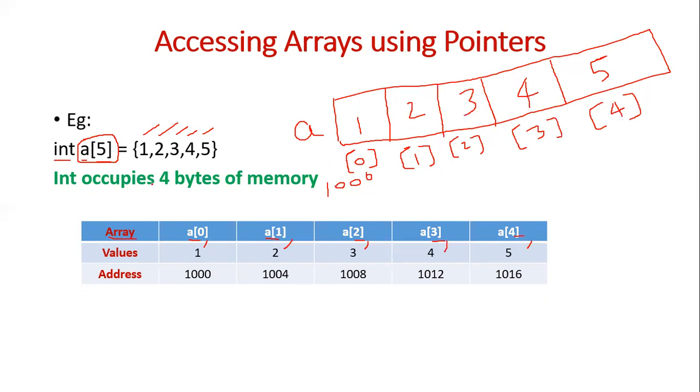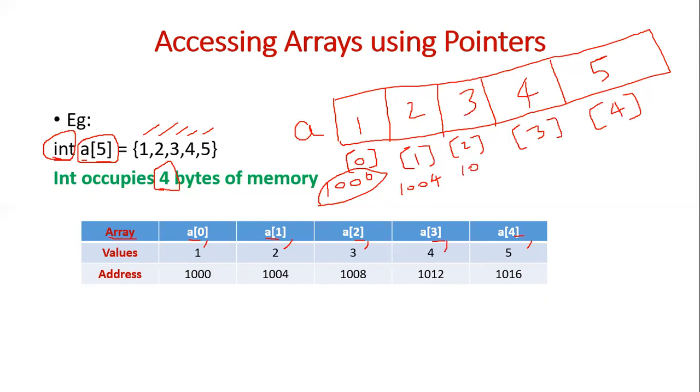That depends on the type of the array. So what is the type of the array? Here the type is integer. So integer occupies 4 bytes of memory location. Okay, integer needs how many bytes? 4 bytes. So if the address of A of 0 is 1000, then the address of A of 1 will be 1004.